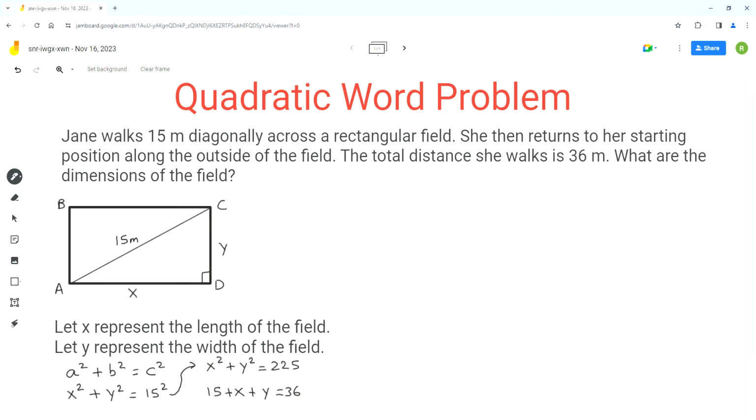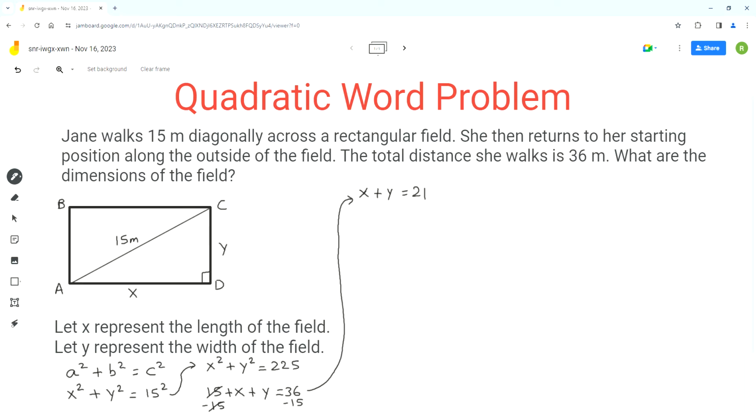Now we can simplify this equation by subtracting 15 from both sides, because 36 and 15 are like terms, so the 15s on the left side cancel each other out. So we get x plus y equals 21. This is the second equation we get for x and y, and now we have to solve this equation and the other equation to find the values of x and y.